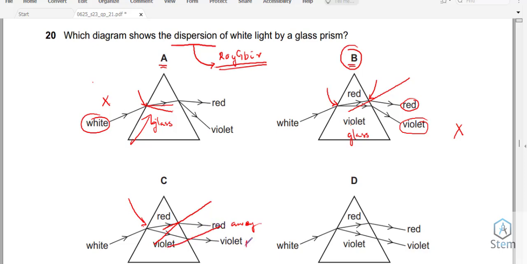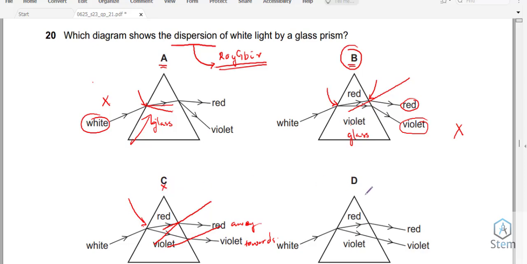Blue light is moving towards the normal, and that is not good. C is out, because when red light moves away from the normal, violet must also move away. It should not move towards the normal.